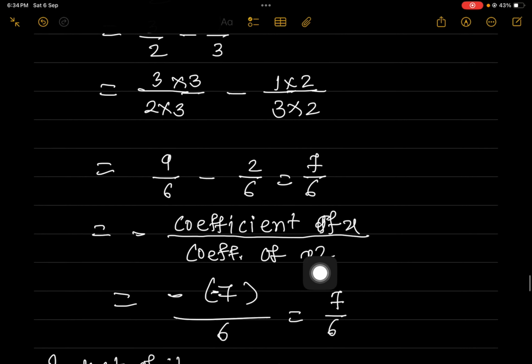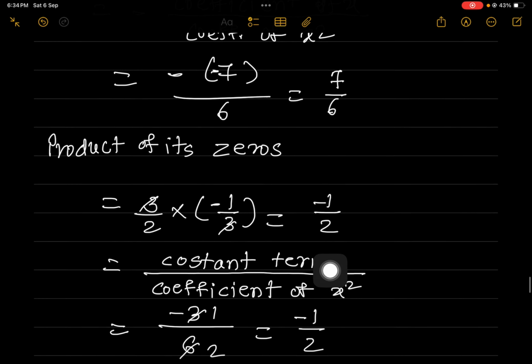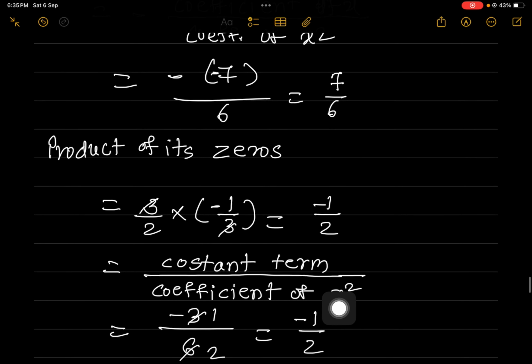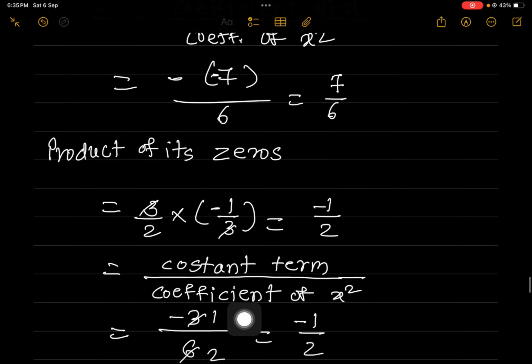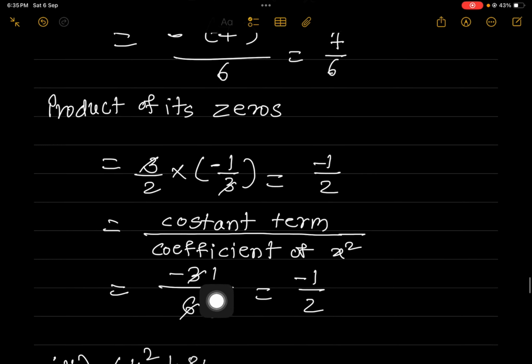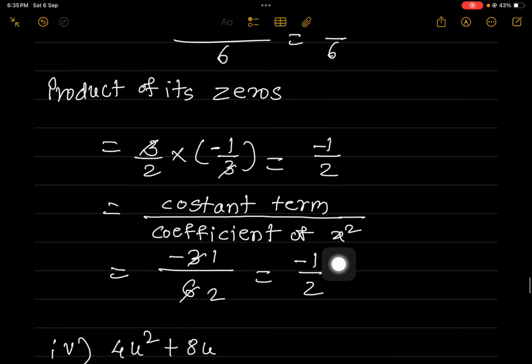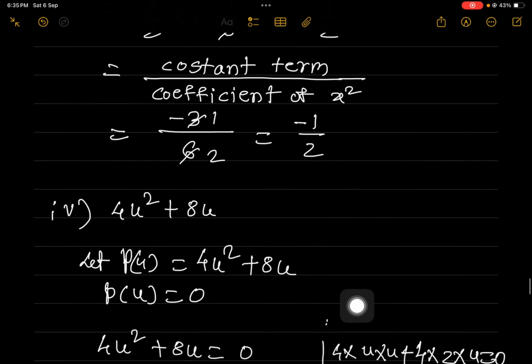So equal to minus 3 upon 6, this by 3 we can divide, make it the reduced form. 3 ones are 3 and 3 twos are 6, so minus 1 upon 2.